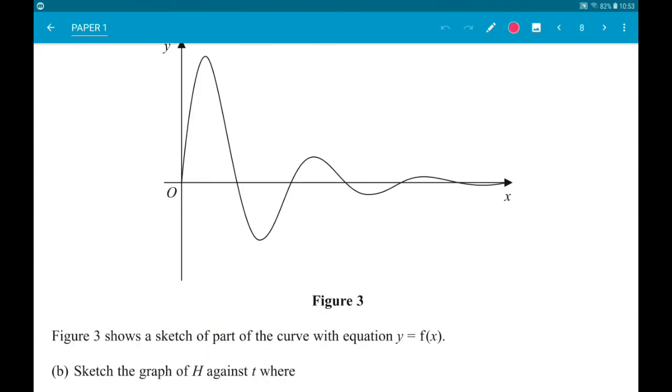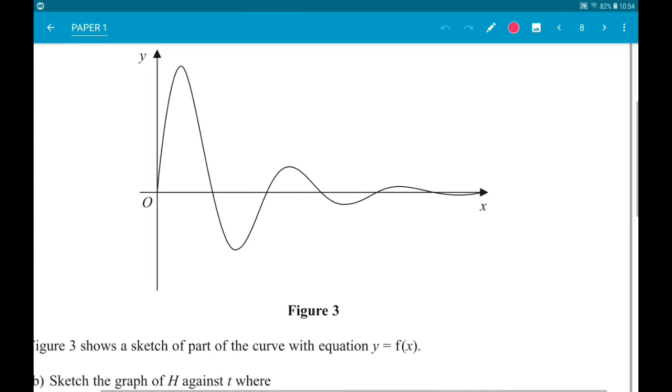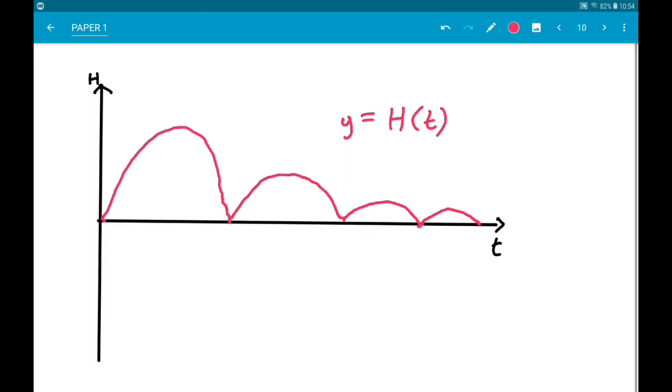And then we have part of the graph of f of x. Part B asks us to sketch h against t, where h of t is the modulus of 10e to the minus 0.25t sine of t for t greater than or equal to 0. So, it's going to be exactly the same, except every time it hits the x-axis, it's going to bounce back up. So, it's going to look something like that.